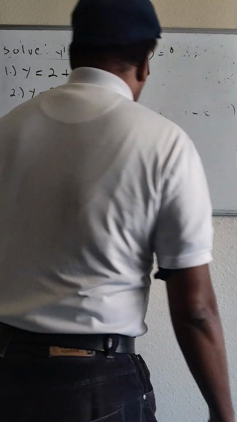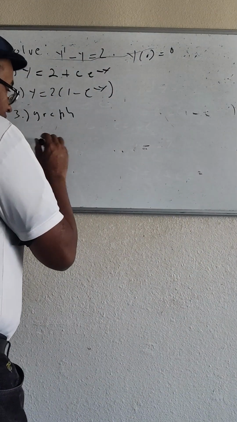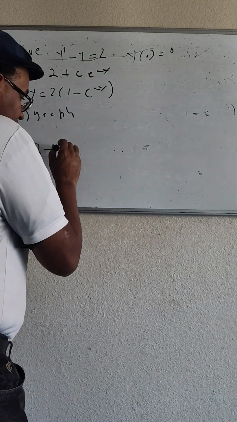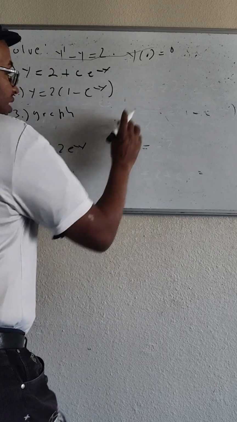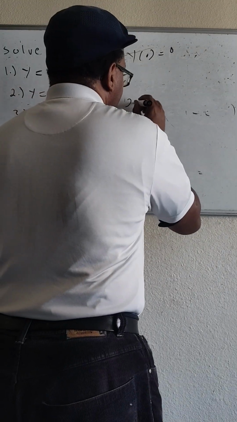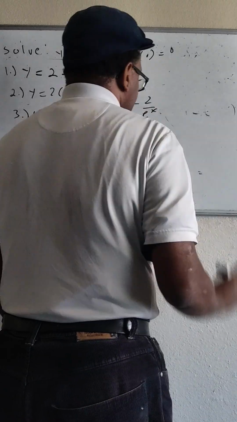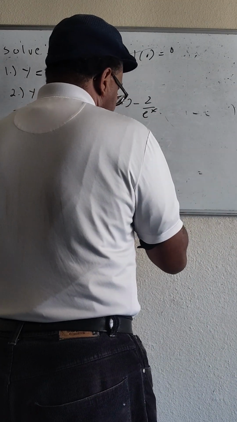So we're going to talk about the characteristics of this, right? So let's say we're going to compare this: 2 minus 2e to the negative x. We're going to write this as 2 minus 2 over e to the x. And let's see what happens when we take the limit as x goes to infinity.